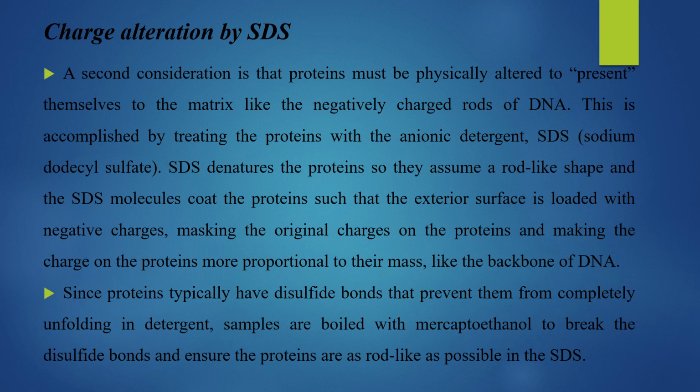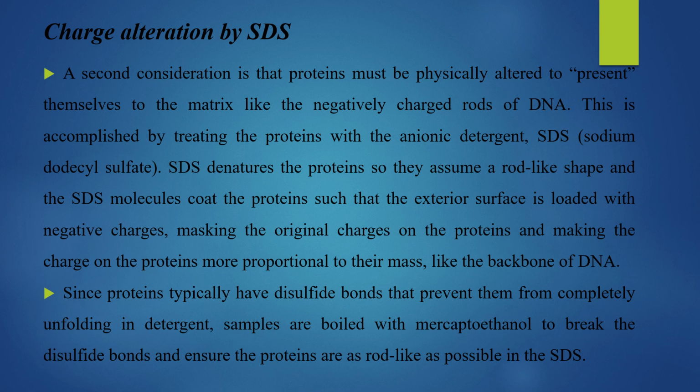Now, since proteins typically have disulfide bonds that prevent them from completely unfolding in detergent, samples are boiled with mercaptoethanol to break the disulfide bonds and ensure the proteins are as rod-like as possible in the SDS.